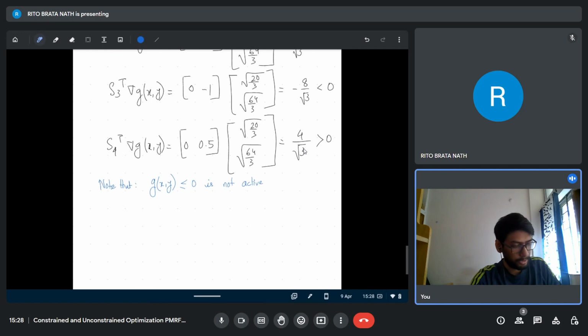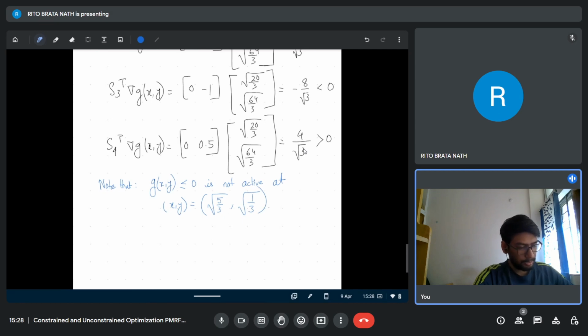So it is violated actually. It's not active at x, y equals root 5 by 3 and 1 by 3.